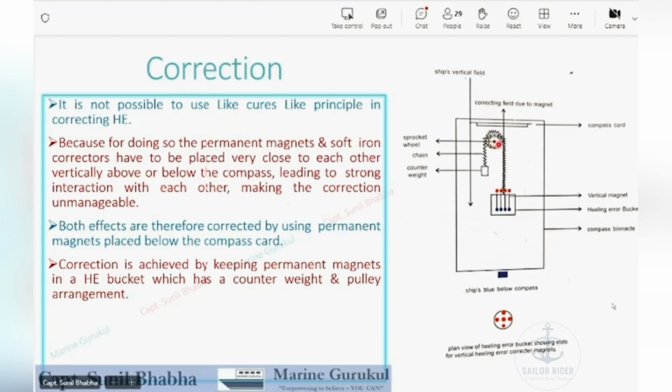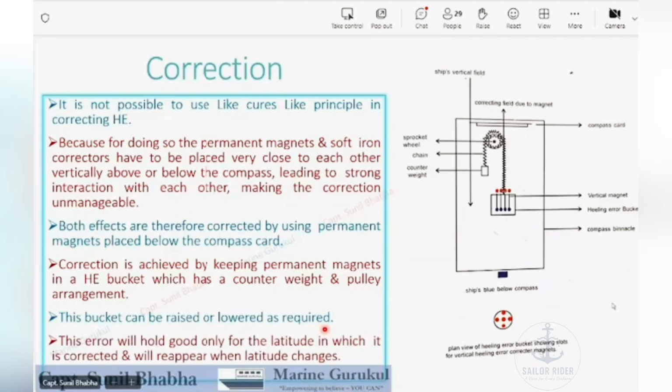Now, why do we have this sprocket wheel or pulley and the chain arrangement? This arrangement basically helps us to vary the magnitude of the heeling error correction which is required. The bucket can be raised or lowered as per our requirement.